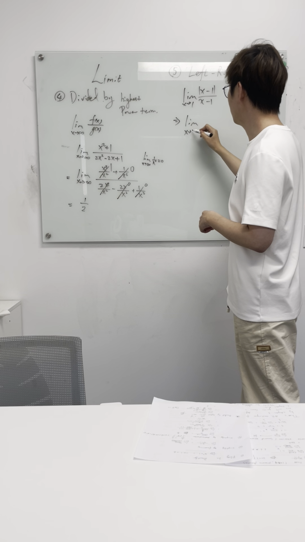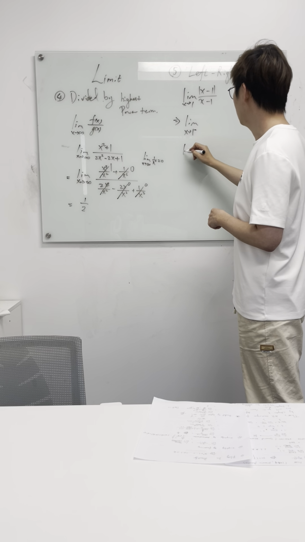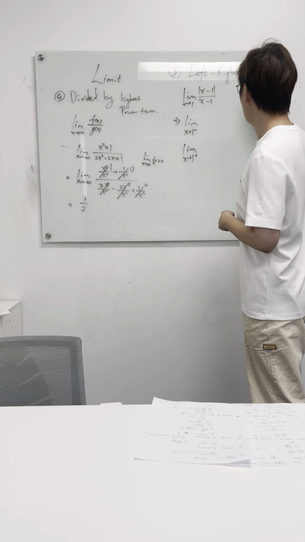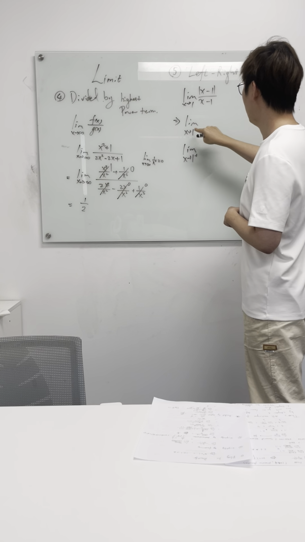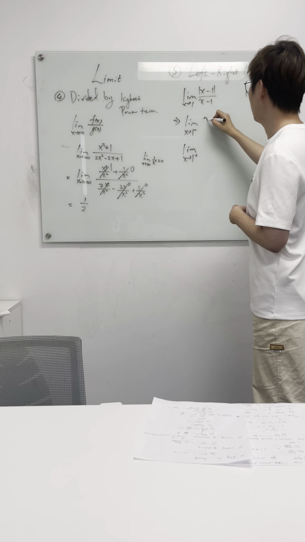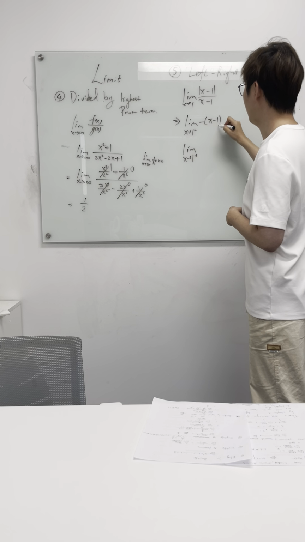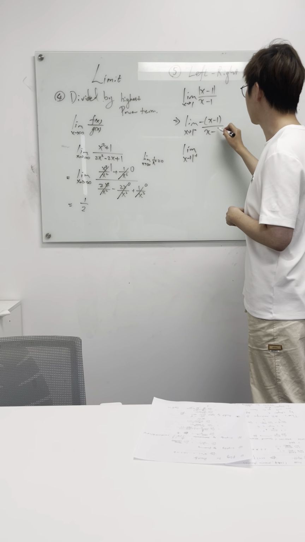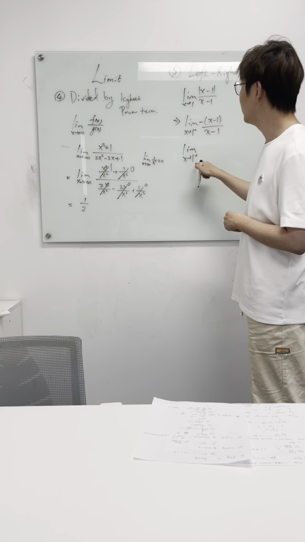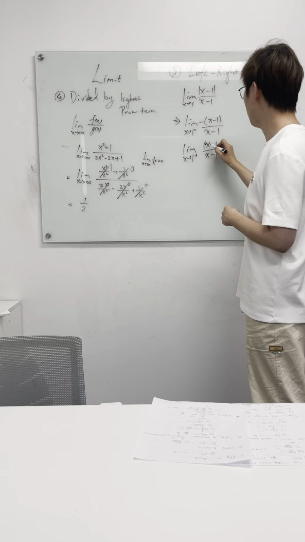We can only separate it into the left side and the right side. So we have x going to 1 minus, which means left side, and the limit as x goes to 1 positive, which means right side. For any x less than 1, the absolute value is negative x minus 1, divided by x minus 1.